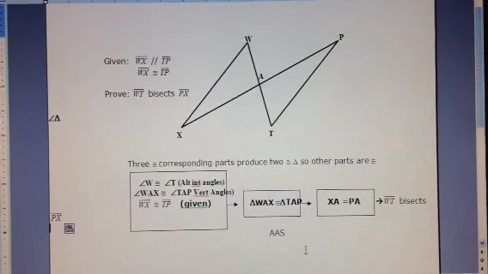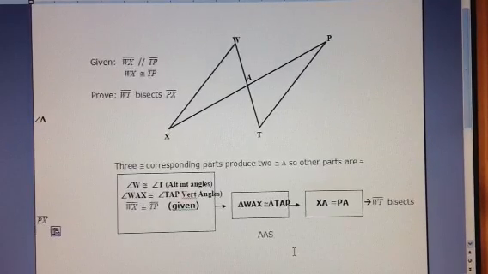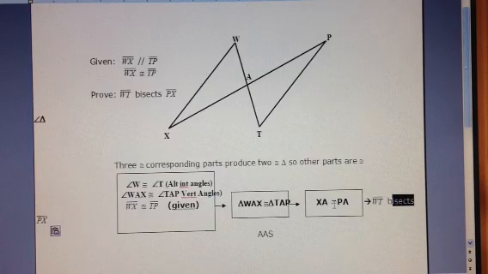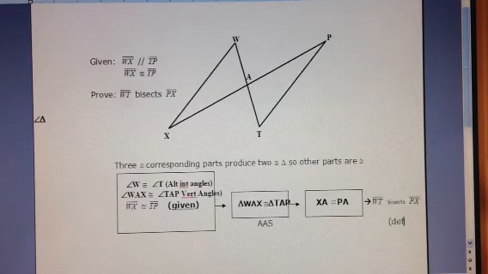I ran off the page here. I should have had more room here, but it bisects PX because, of course, definition of bisect. And that, of course, is definition. So I'll write that here. And that's really the proof.